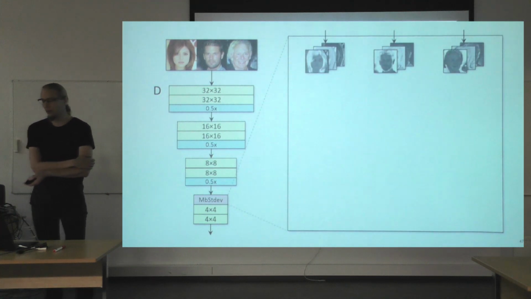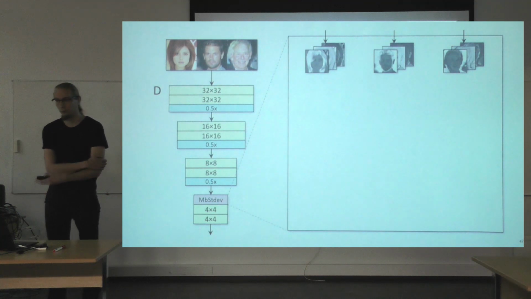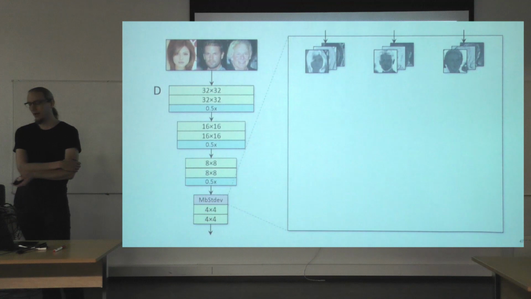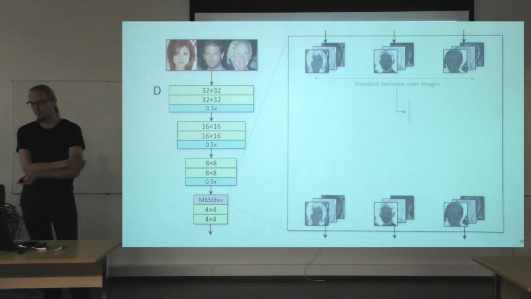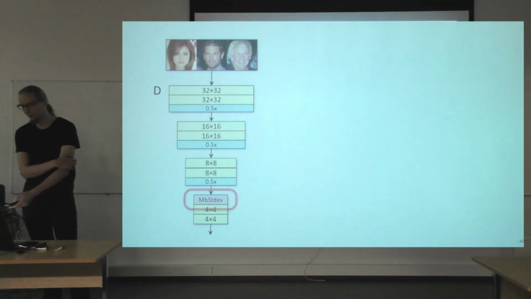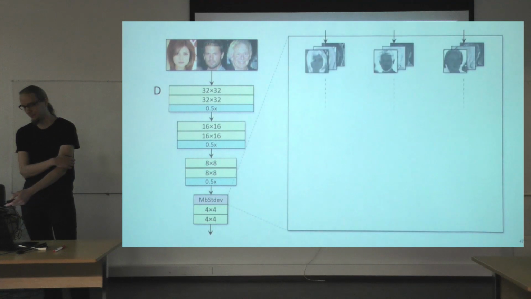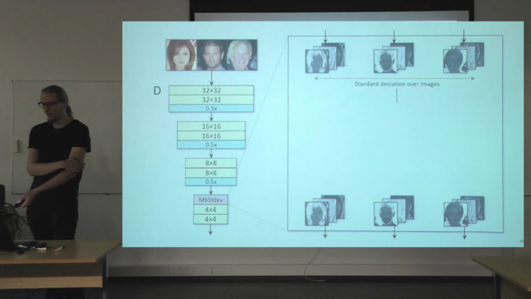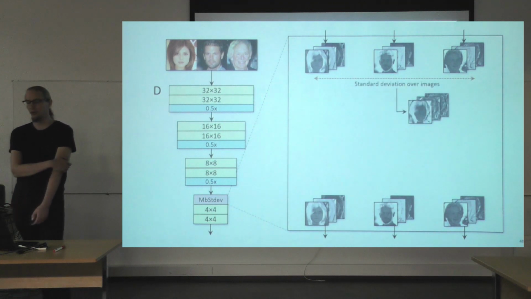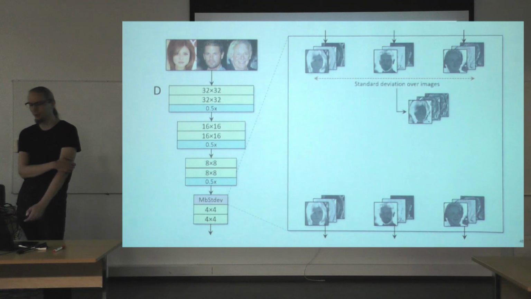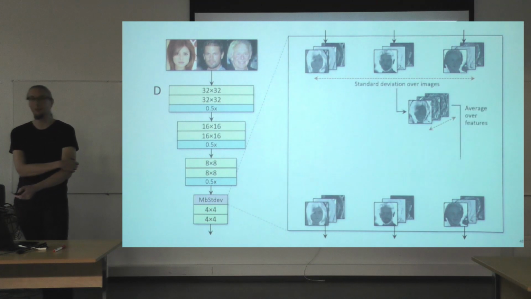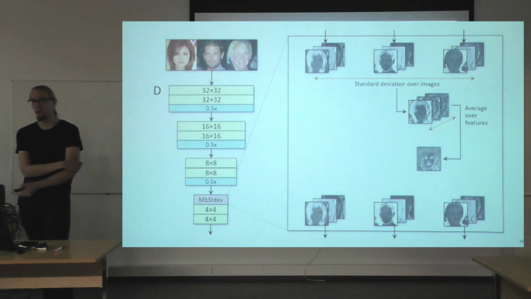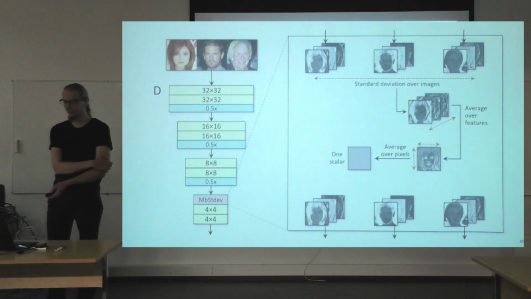The layer receives the activations produced by the preceding layer as input, and it simply passes all of them through as is. But in addition, it also computes the standard deviation over the different images and averages the standard deviations over the feature maps and over pixels to produce a single scalar.